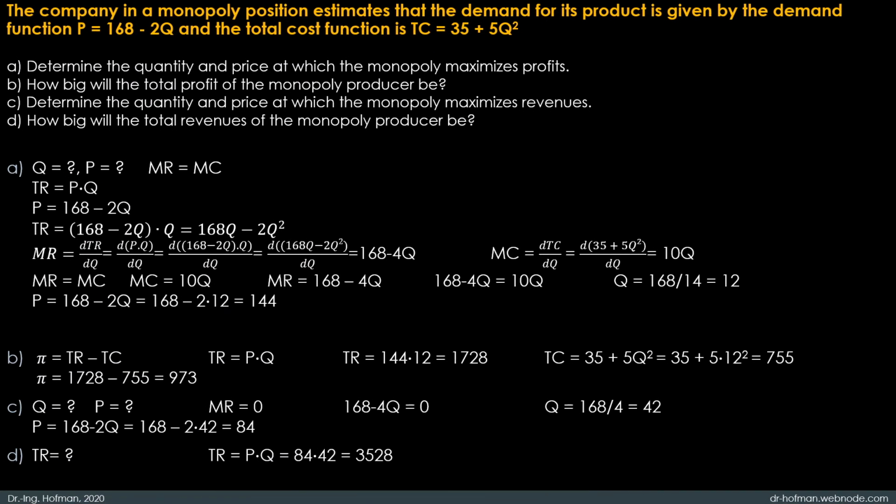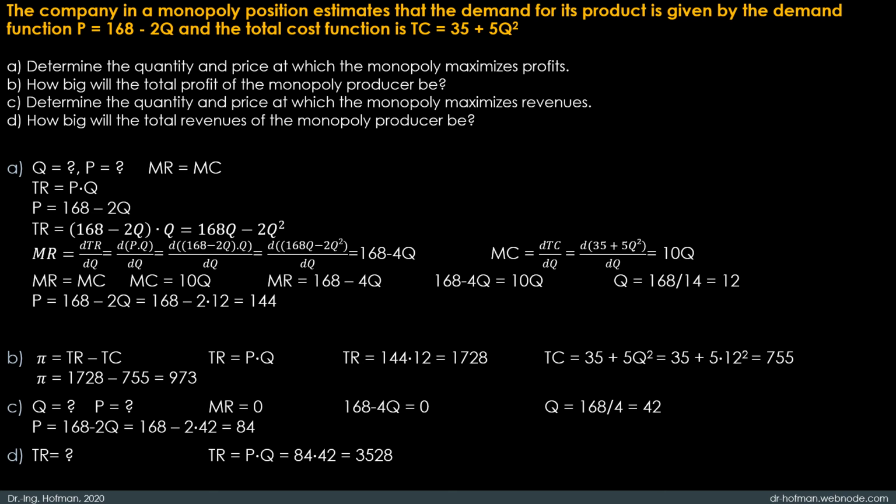So the company in a monopoly position estimates that the demand for its product is given by the demand function P equals 168 minus 2Q, and the total cost function is TC equals 35 plus 5Q squared. At first, in A point, we determine the quantity and price at which the monopoly maximizes profits. You know that the condition is MR equals MC.